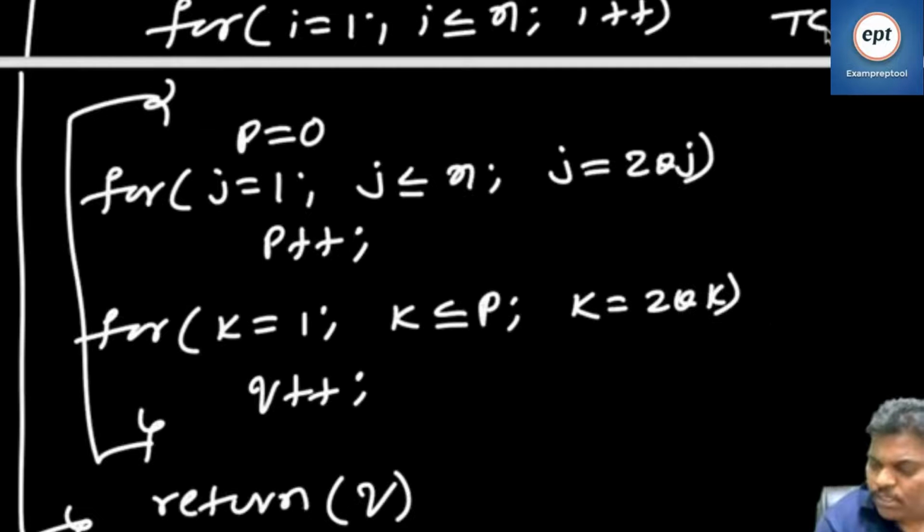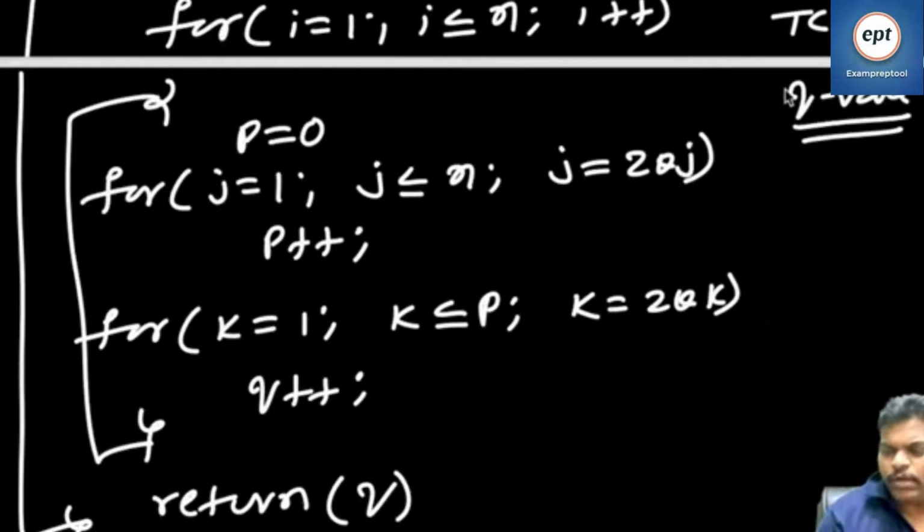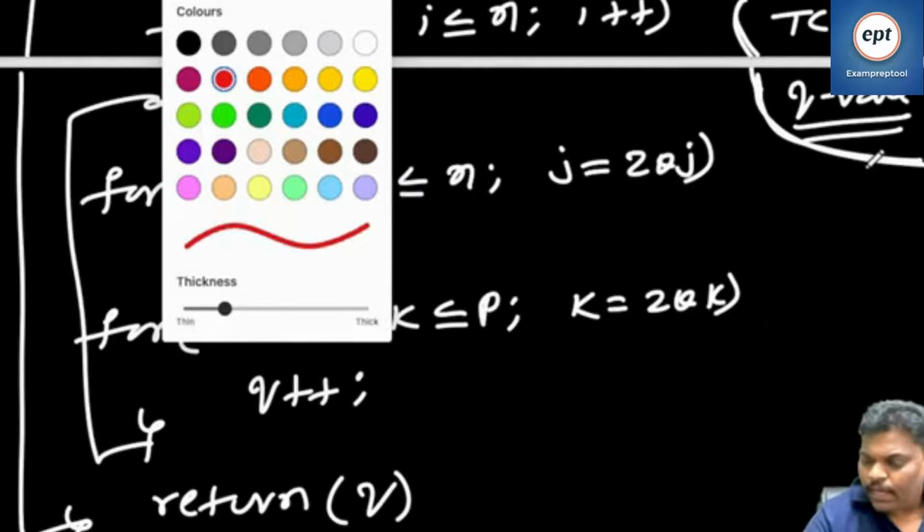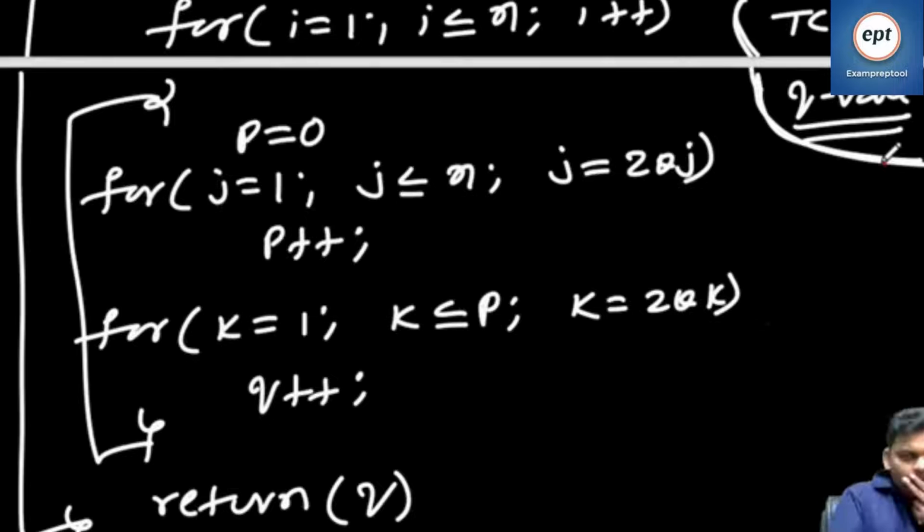What is the time complexity of this program? And one more, what will be the q value? Both things are required. Calculate the time complexity, and calculate the q value also.